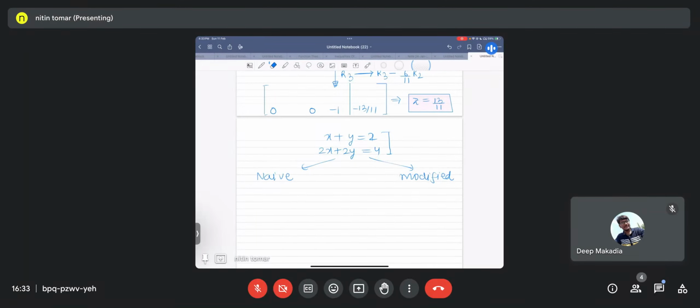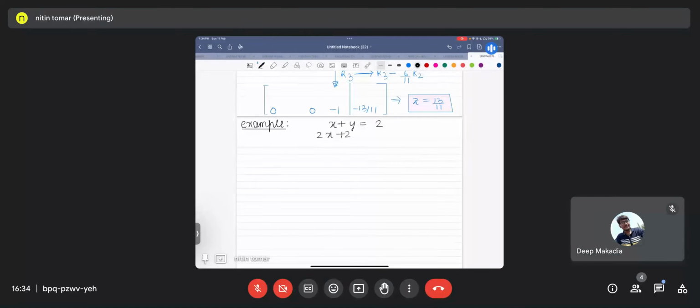Let us just put it into a remark. Here you can apply naive Gaussian elimination, and here you can apply both of them.